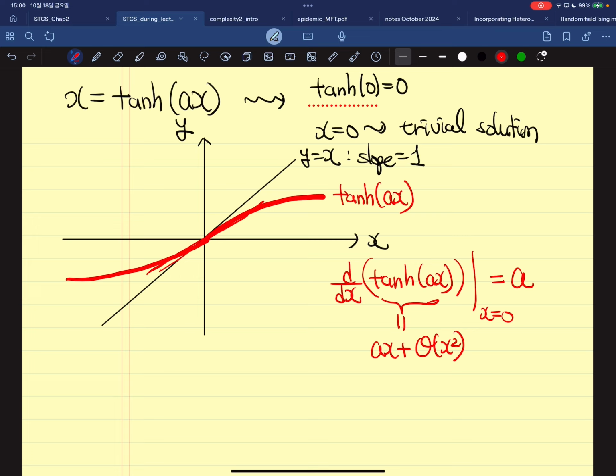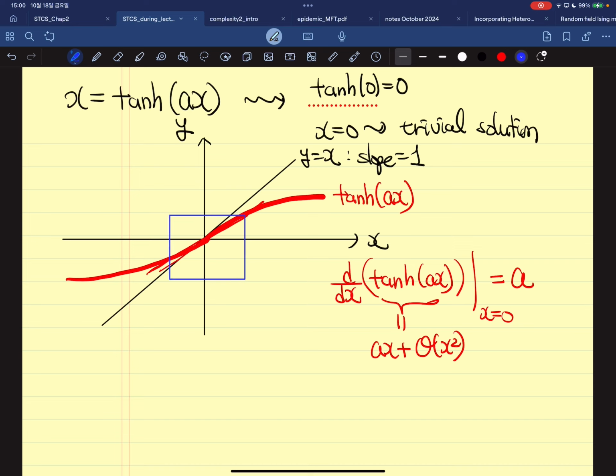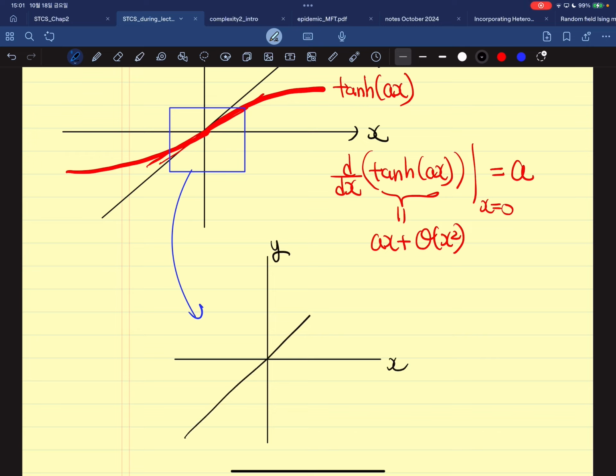Anyway, so if we magnify this part, X, Y, and we have this. So this Y is equal to a line with the slope 1.